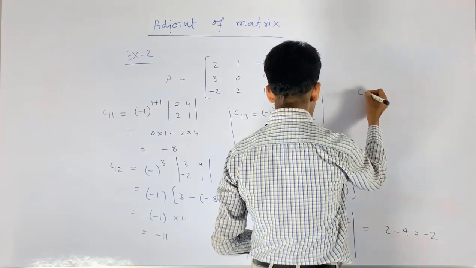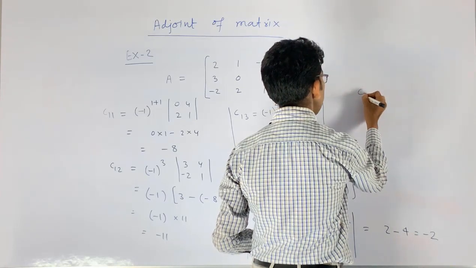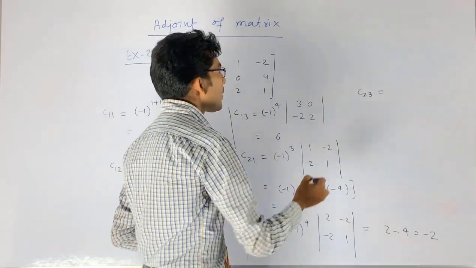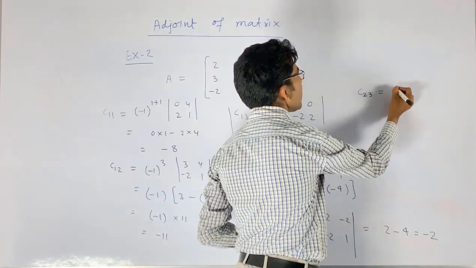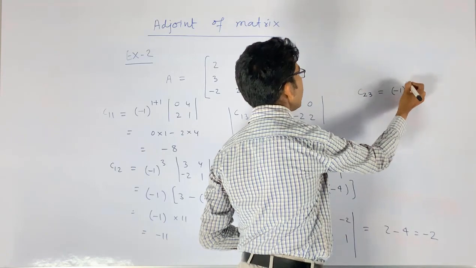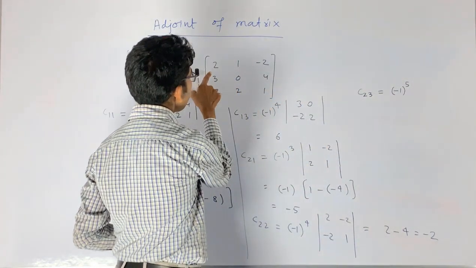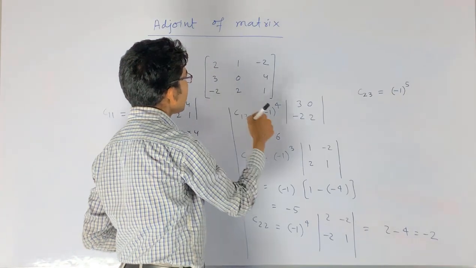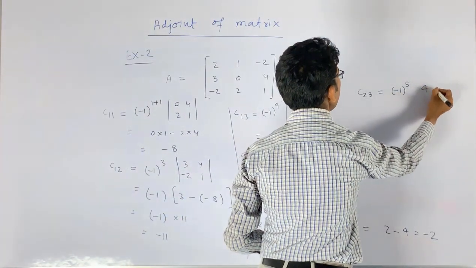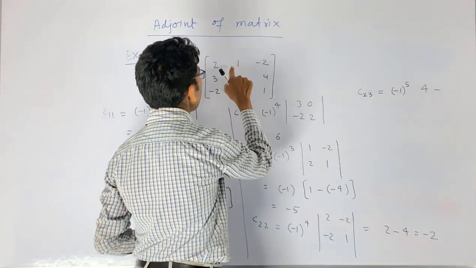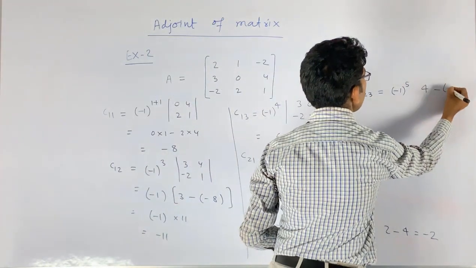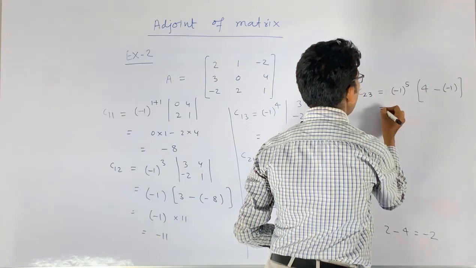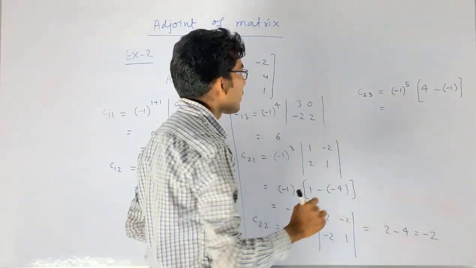So, C23 equal to minus 1 to the power 5 and 2 into 2, 4 minus 2 into minus 1. So this is minus 1. And now, I am calculating directly.